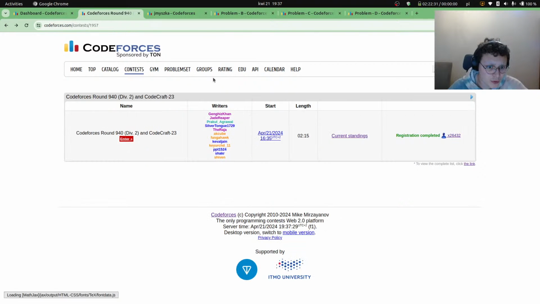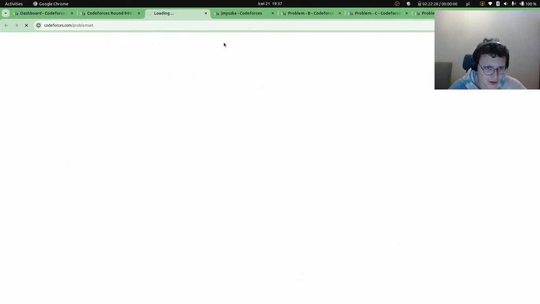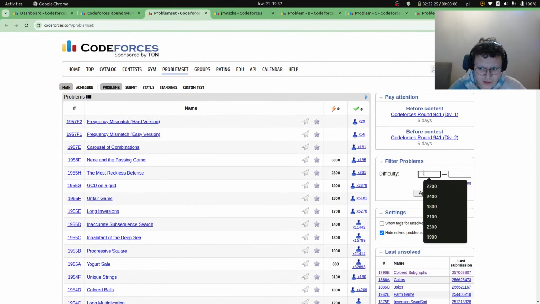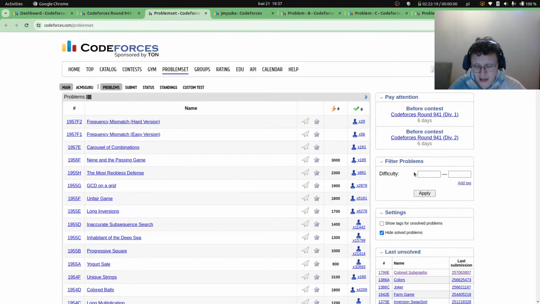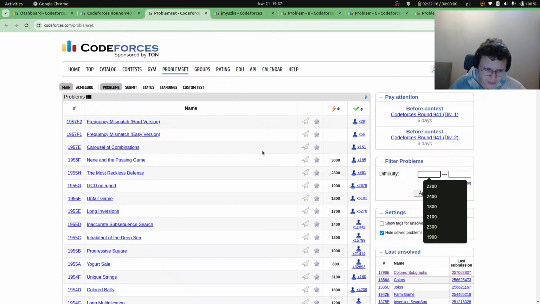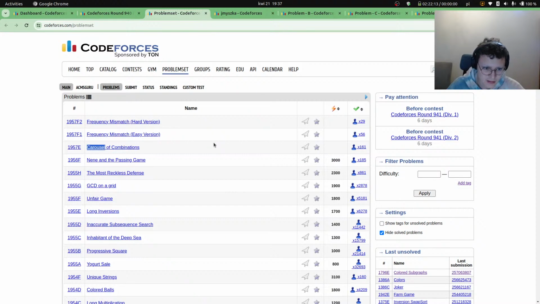Well, I think in the pupil range what is most important is just solving problems. So just pick problems that are, if you are rated 1000, then you should probably solve 1200 problems or something like this. Choose problems that are slightly above your rating, or problems that you want to solve, and just solve them.